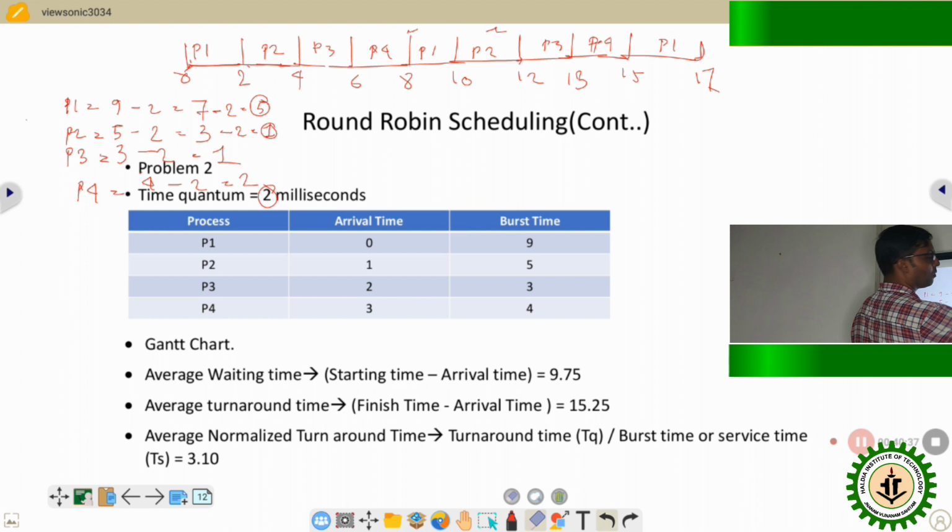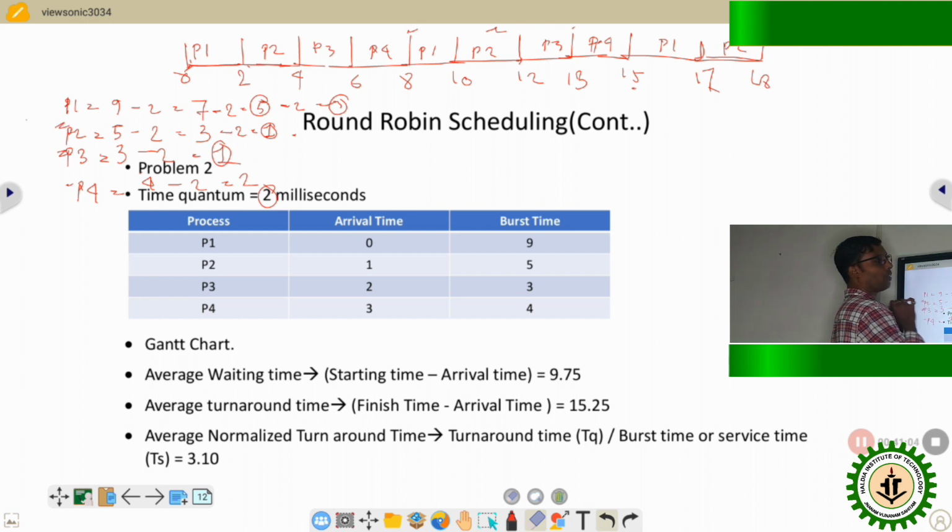For process P3 only 1 is remaining, so P3 completes its execution up to here. P4 has 2 remaining, P4 completes its execution at 15. Again P1 gets its chance. So P1 last here, minus 2, 3 is remaining for process P1. After that, process P2 will get the chance and completes its execution by 1.